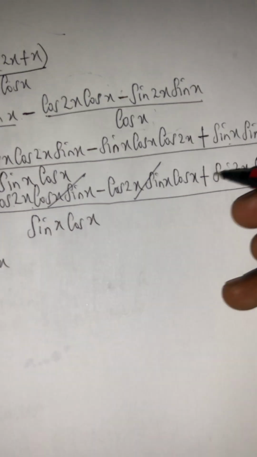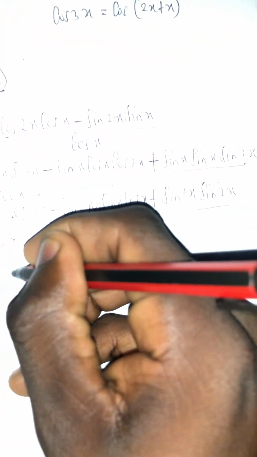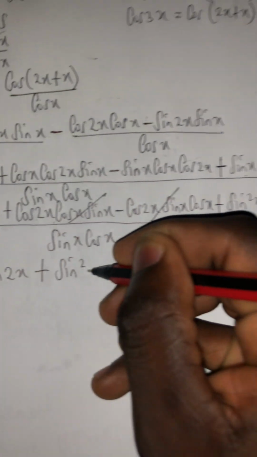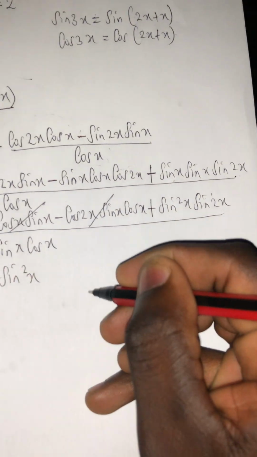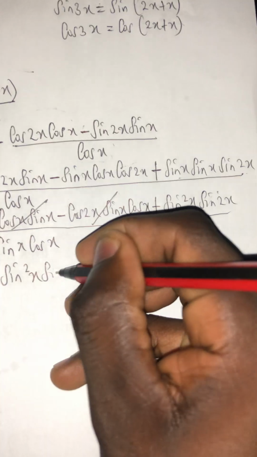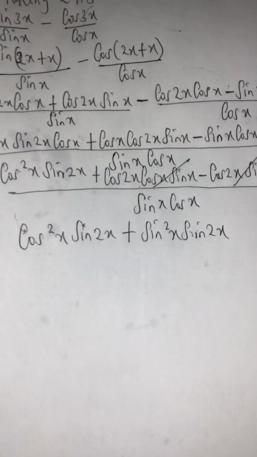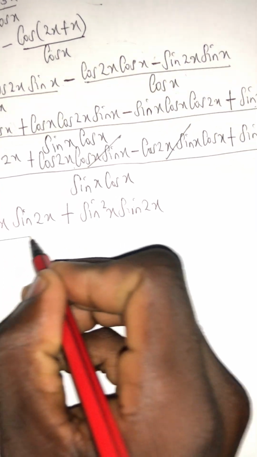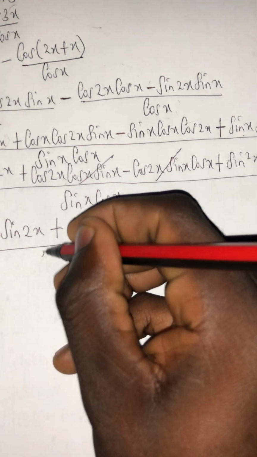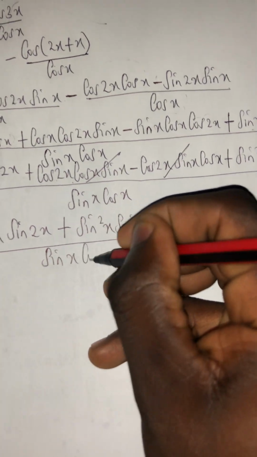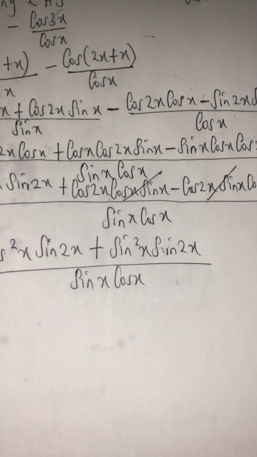Then here what I've remained with is plus sine square x sine 2x. Then this is now over the same denominator, which is sine x cos x.